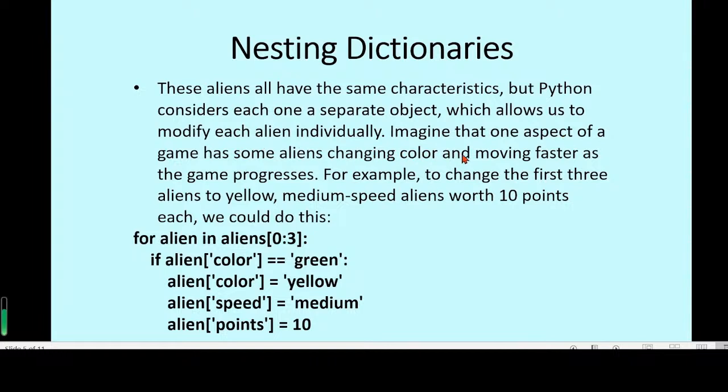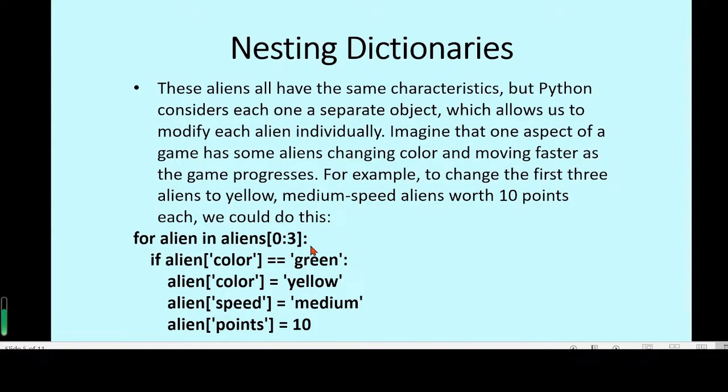So imagine that one aspect of a game has some aliens changing color and moving faster as the game progresses. For example, to change the first 3 aliens to yellow, medium speed, and worth 10 points each, we can do this.